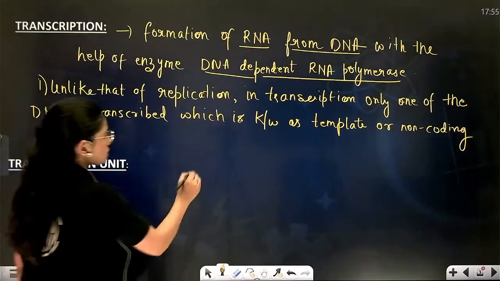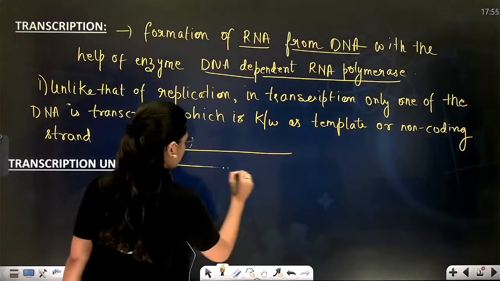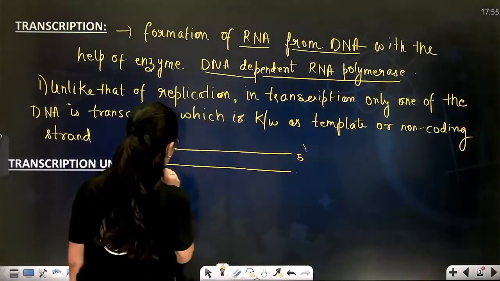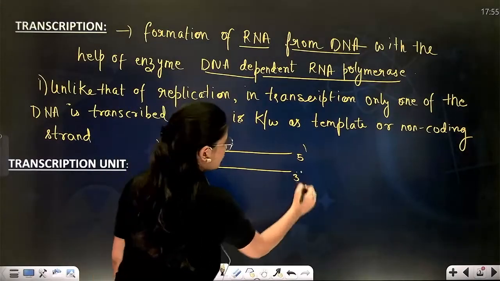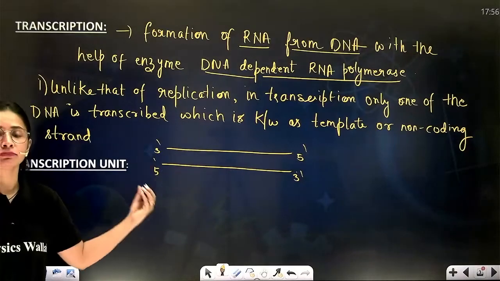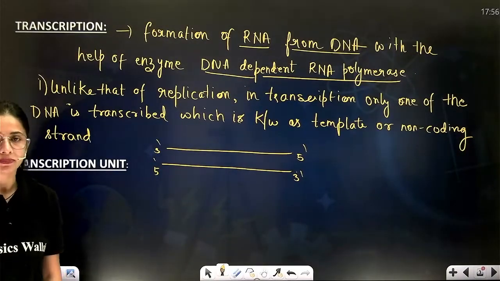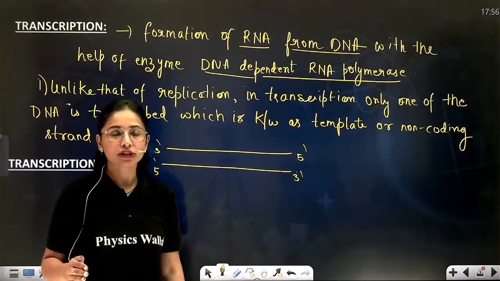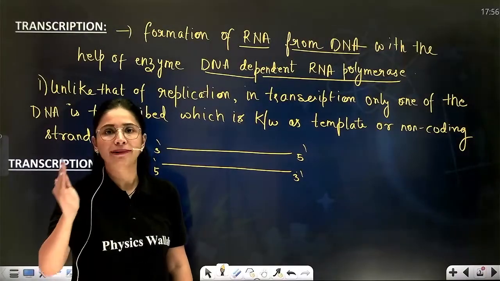That means suppose this is my DNA, correct? The two strands will be anti-parallel to each other. If one of the strands is 3' to 5', then automatically the other strand will become 5' to 3'. Okay. Now synthesis, polymerization, always takes place in the 5' to 3' direction.